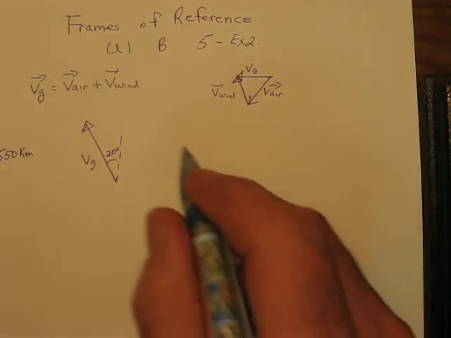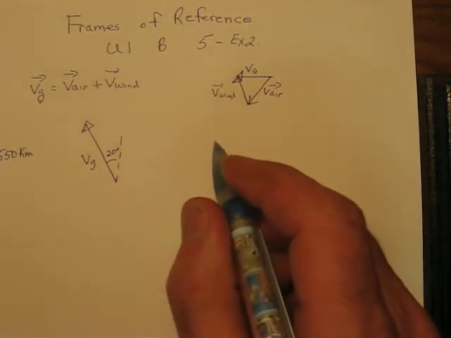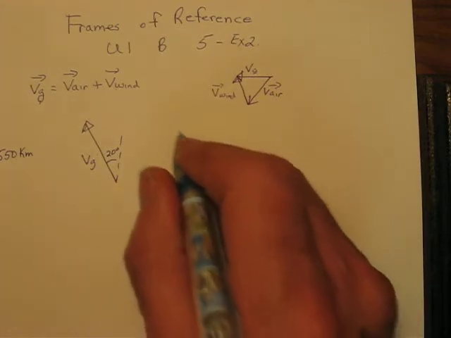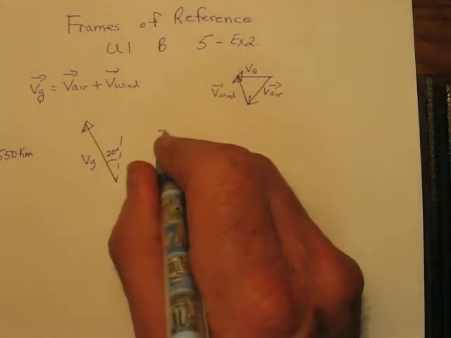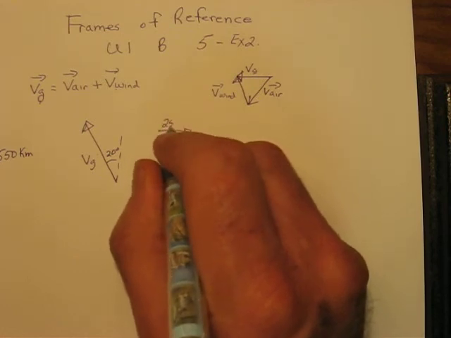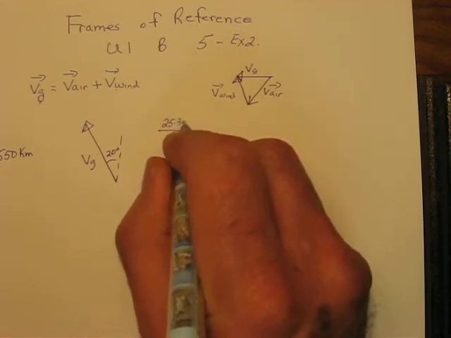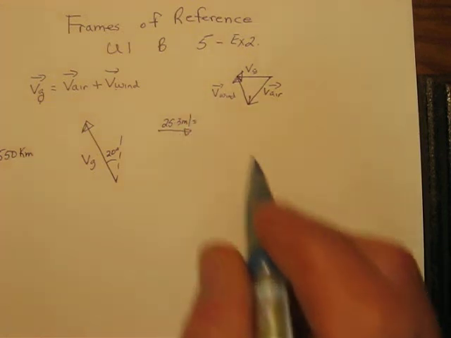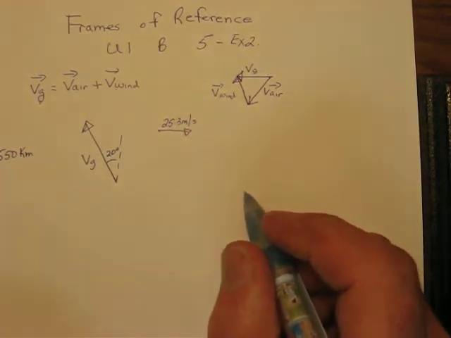The other thing that the problem tells us is that there is a wind blowing from the west. It gives it to us in kilometers per hour, but I'm going to already convert it, and it happens to be 25.3 meters per second. I've converted that from kilometers per hour.